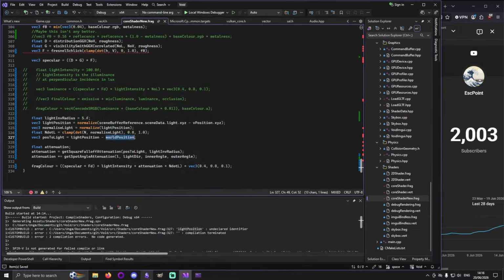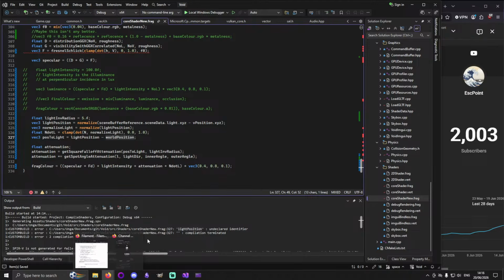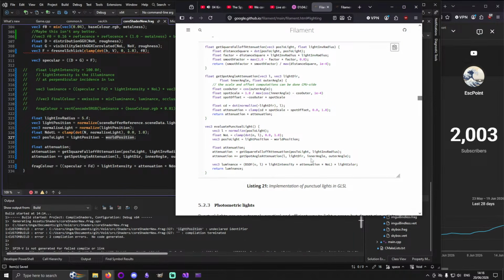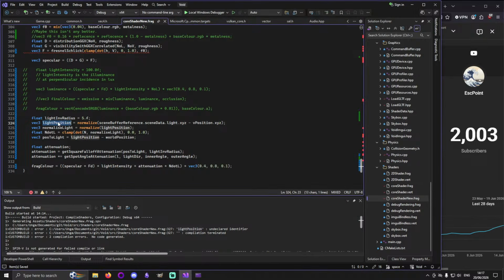World position. Again, when it works out, let's go back to Filament briefly. Let's get rid of this. Let's pull this over here. Its light position is overwriting the light position. Oops.